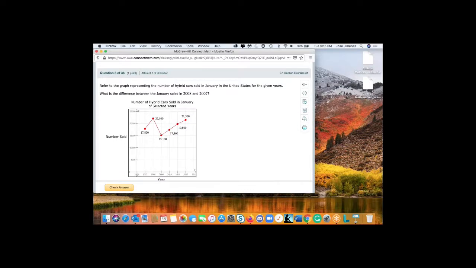And we want to show from 2007 and 2008. No, 2008. So what we need to do is, they say the difference. You say difference means subtract. So you subtract this number with this number. That's all we need to do for that one.